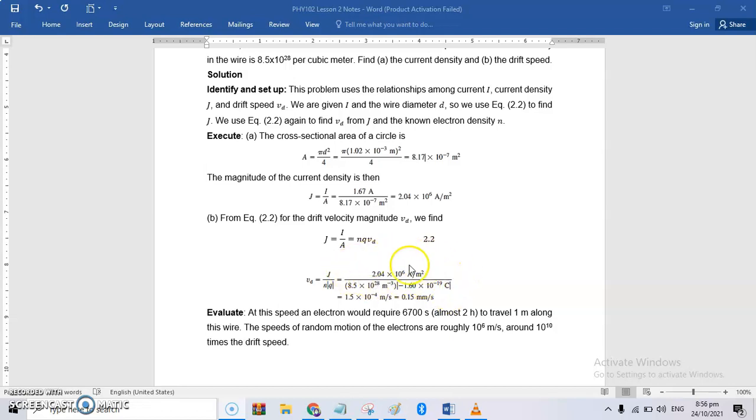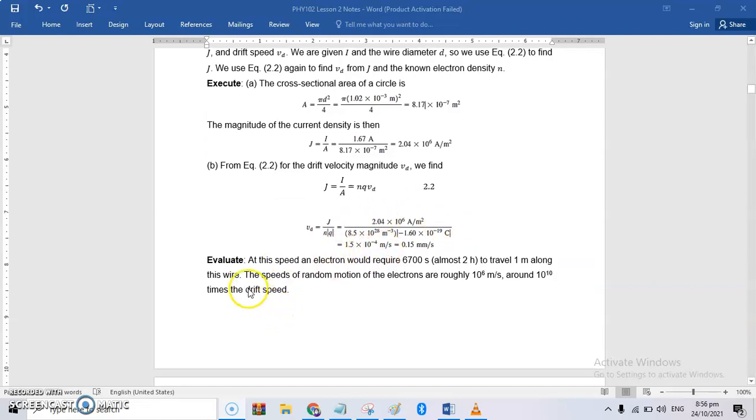By inputting this into a calculator, you can get 1.5 times 10 to the minus 4 meters per second. Evaluation: at this speed, an electron would require 6,700 seconds, or almost 2 hours, to travel 1 meter along this wire. The speed of random motion of electrons is roughly 10 to the 6 meters per second, around 10 to the 10 times the drift speed.